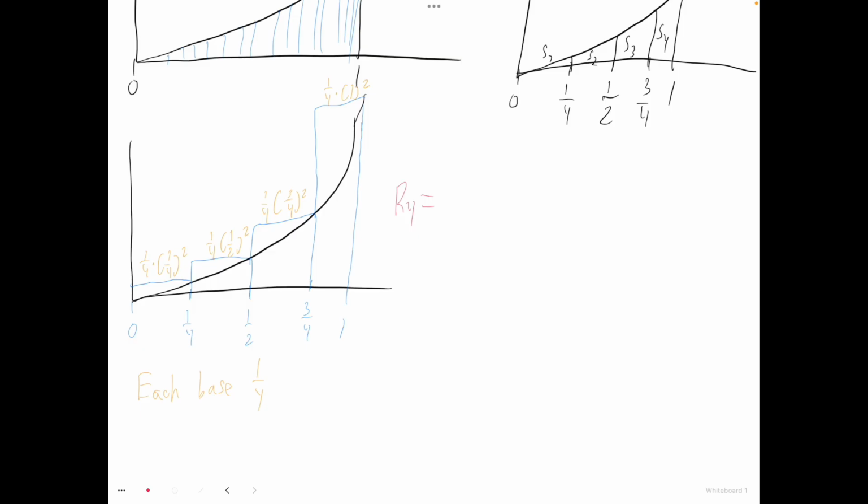We're just going to write R4 for that. And so we have 1/4 times 1/4 squared plus 1/4 times 1/2 squared plus 1/4 times 3/4 squared plus 1/4 times 1 squared.